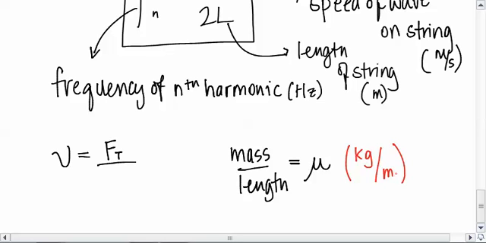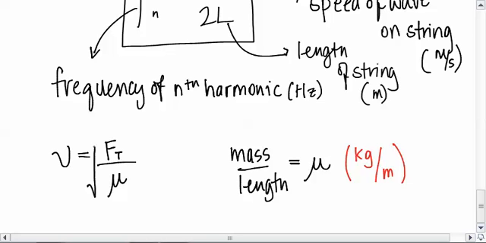But because most strings are small and light, a lot of times the mass per length will be given in grams and centimeters. And what do you need to do? You do need to convert it, because what is the force going to be measured in? Newtons, and a newton is a kilogram meter per second squared. So a newton is already in kilograms and meters, so we do have to make sure that we convert.